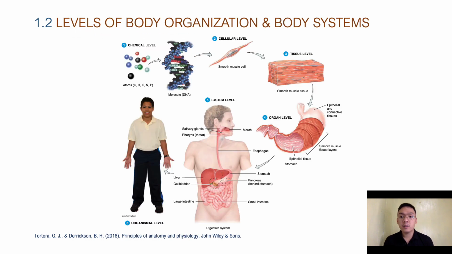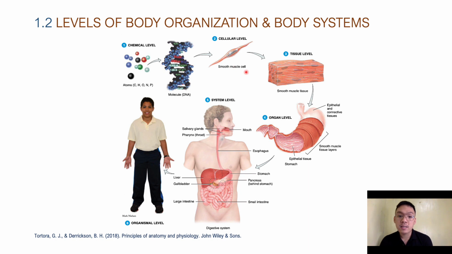In this figure, you will see the levels of structural organization: the chemical level, cellular level, tissue level, organ level, system level, and organismal level. So from your atoms, like carbon, hydrogen, oxygen, nitrogen, and phosphorus, we move to the molecular level, your DNA, and your DNA is found inside your smooth muscle cell.